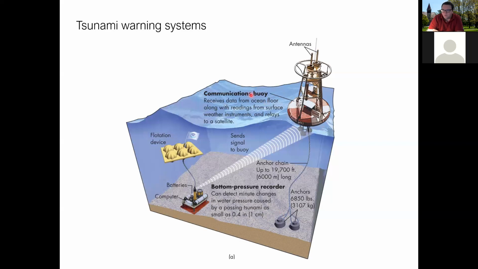These are often paired with what we call communications buoys. These communication buoys can work either by radio signals to antennas or by direct cable. Usually they're anchored, and they sit out floating in the ocean.